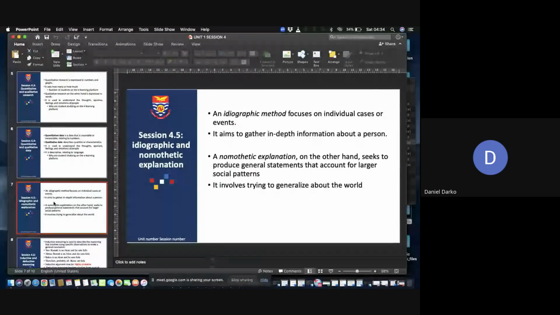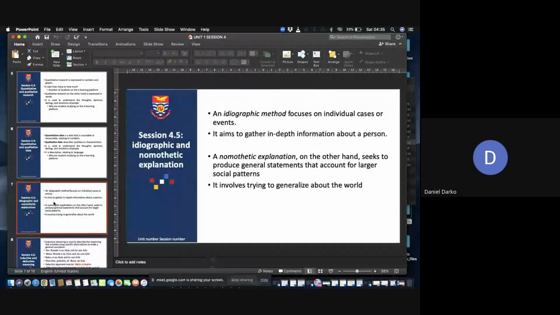Then we have nomothetic explanation, where we are looking at large events. So it seeks to produce general statements that account for larger social patterns. With nomothetic explanation, we gather information from a large number of people, not unique individual cases, but a large group of people. So nomo means large, idio means unique, right? So it involves trying to generalize about the world.